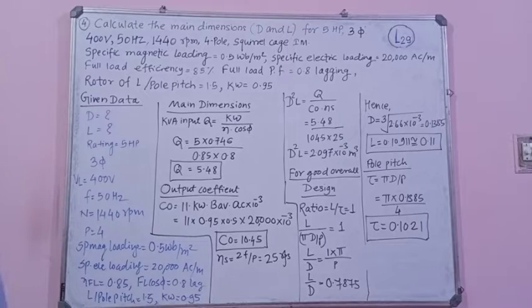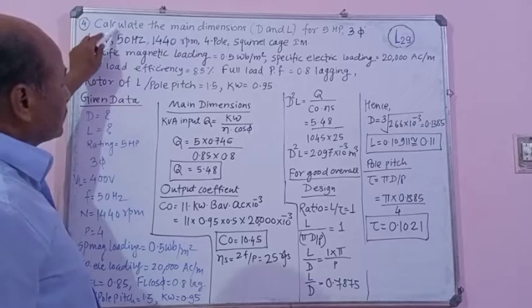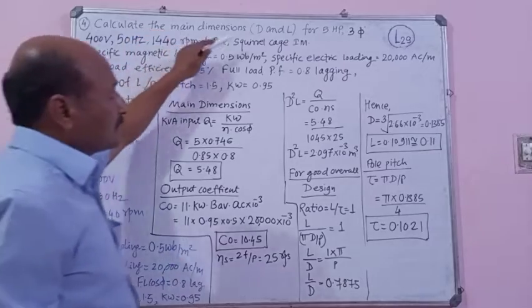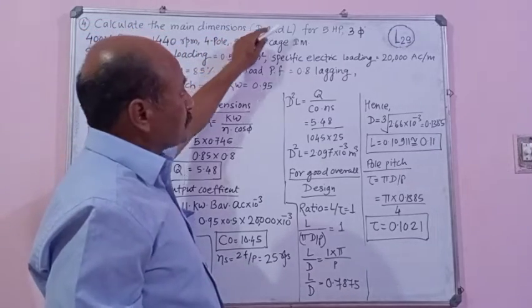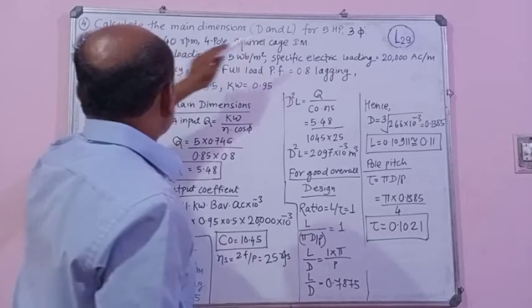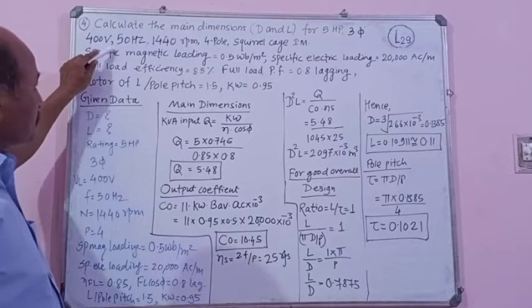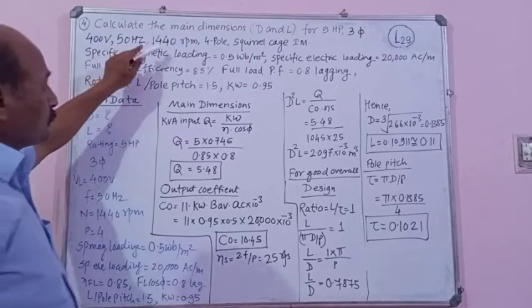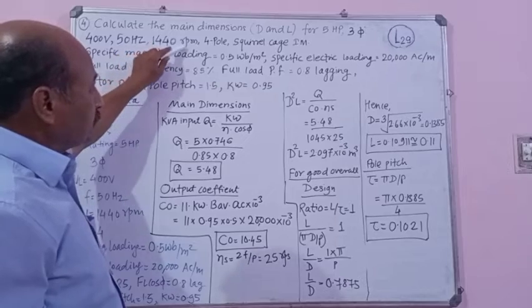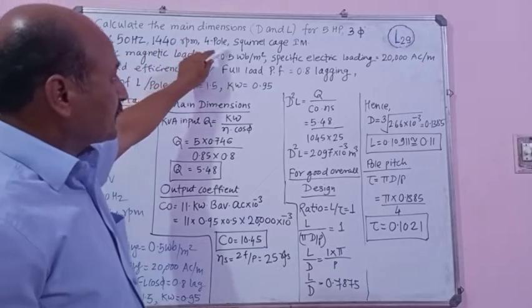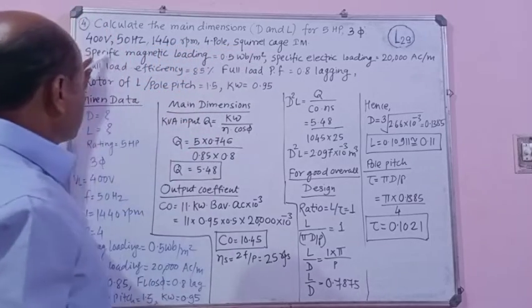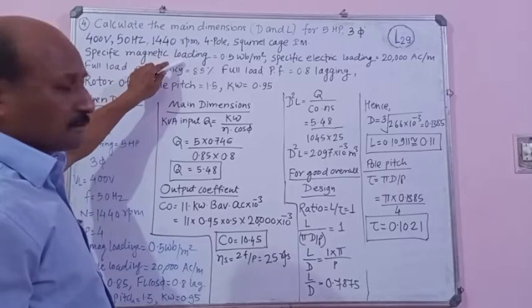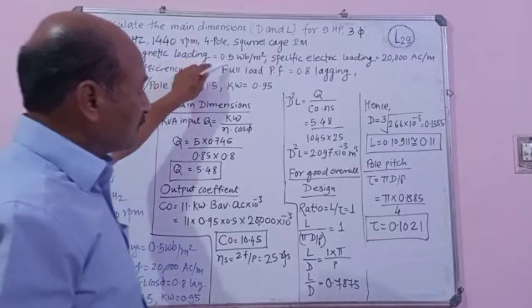See the fourth numerical. Calculate the main dimensions D and L for 5 horsepower, 3 phase, 400 volt, 50 Hz, 1440 RPM, 4 pole, squirrel cage induction motor. Specific magnetic loading equals 0.5 Weber per meter square.